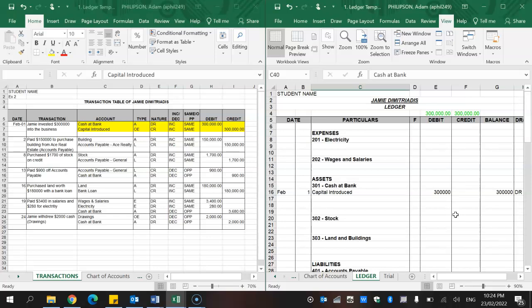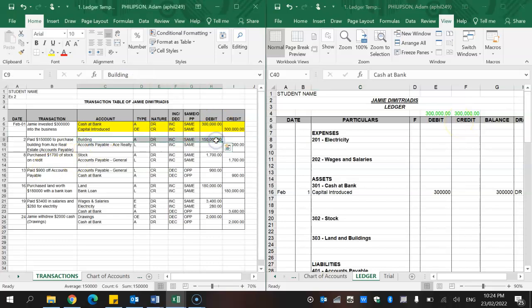And there's nothing worse than not checking this periodically and getting down to the end and posting everything and then realizing, oh bugger, my debits and credits don't balance. Where is my error? And we have to go finding errors. So just as we finish posting each journal entry, we want to come over here and double check that our debits and credits balance up. Let's get on to the next one.